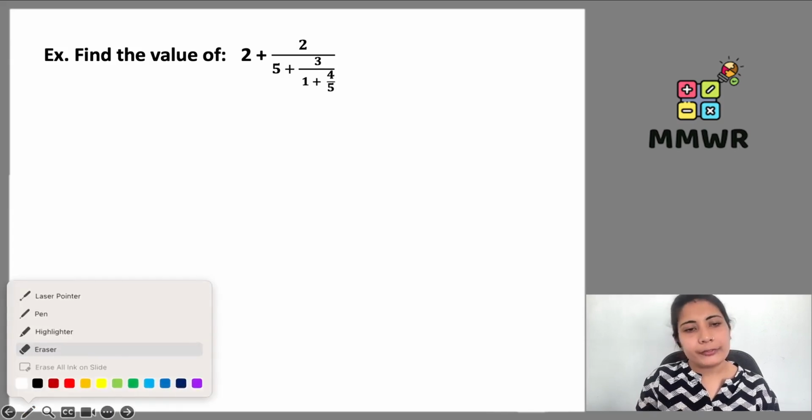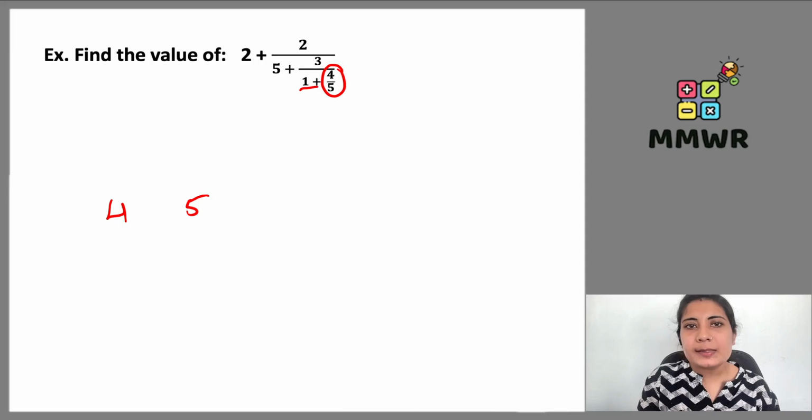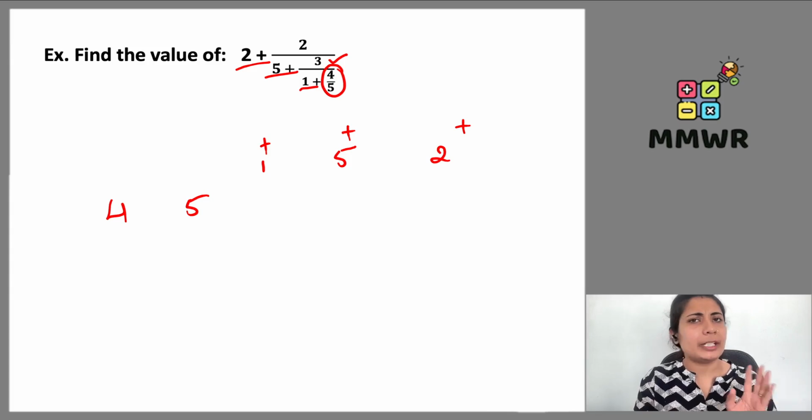The way of simplifying this problem is exactly the same as what we did before. 4 upon 5 I will be writing here. Then this is 1 plus. This is 5 plus. This is 2 plus. Then the next numerator: numerator 3 and the denominator is 1 plus 4 upon 5.